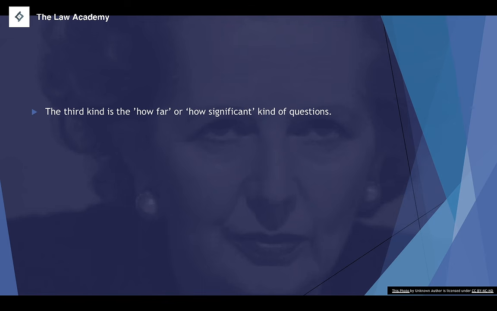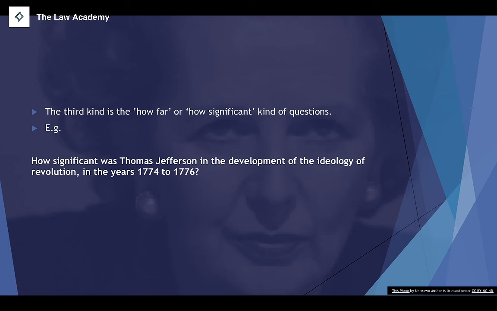The final kind are the 'how far' or 'how significant' kind of questions. So, for example, how significant was Thomas Jefferson in the development of the ideology of revolution in the years 1774 to 1776? Again, this is very similar to the quotation type of question in the sense that it's asking you to assess the validity of a particular view or a particular claim.